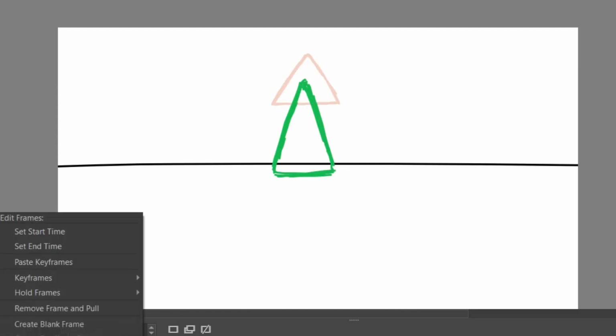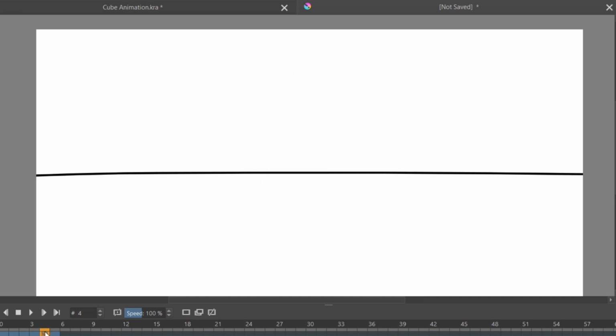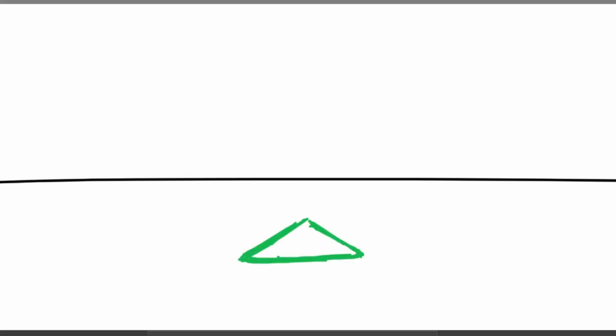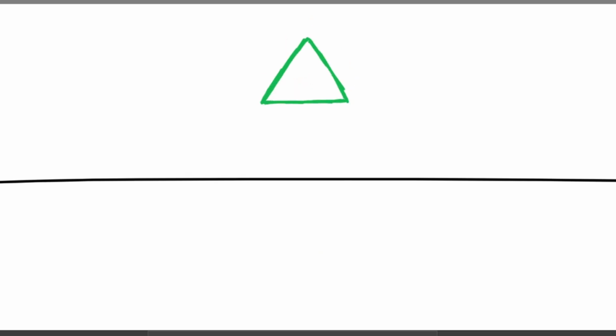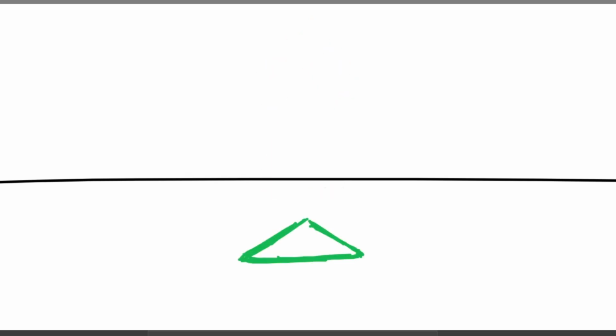So first off, once it goes down into the ground, I'll have to have it at the same place as this stretched out triangle. Okay, so what I like to do is just look at the triangle from the first frames and just replicate it as much as I can.